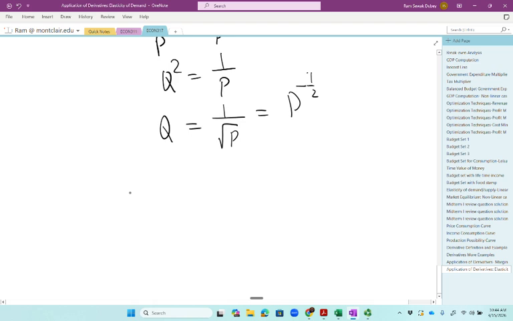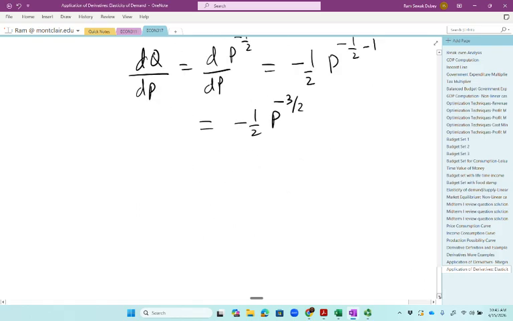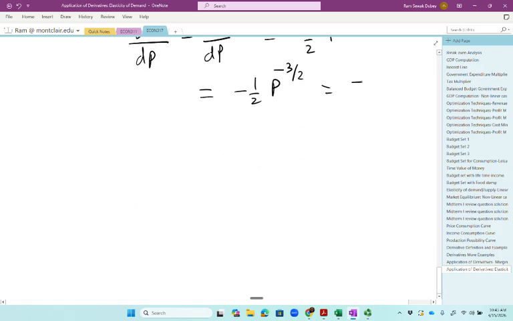With this now we are ready to find the derivative. So dQ over dP is the derivative of P to the power negative half. This turns out to be minus half times P to the power minus half minus 1. This is minus half P to the power minus 3 over 2. I could also write it as negative 1 over 2 P to the power 3 over 2.